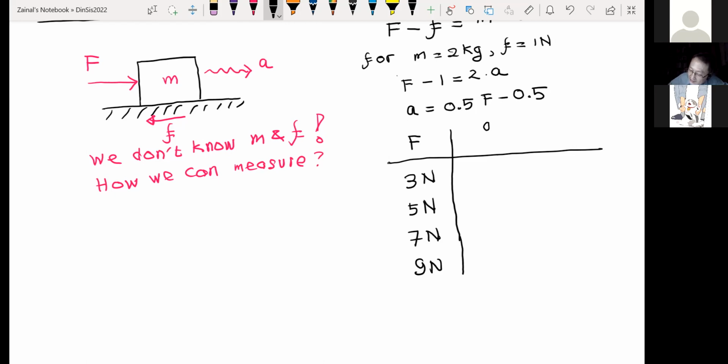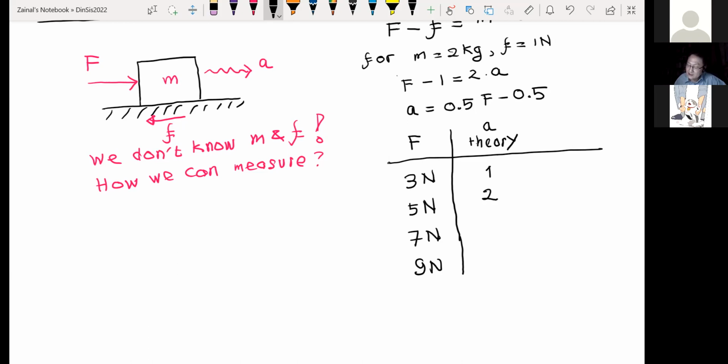Then this one is theoretical. Of course, if you substitute this one, look at this one. 1.5 minus 0.5 is 1, right? Okay. While this one will be 2.